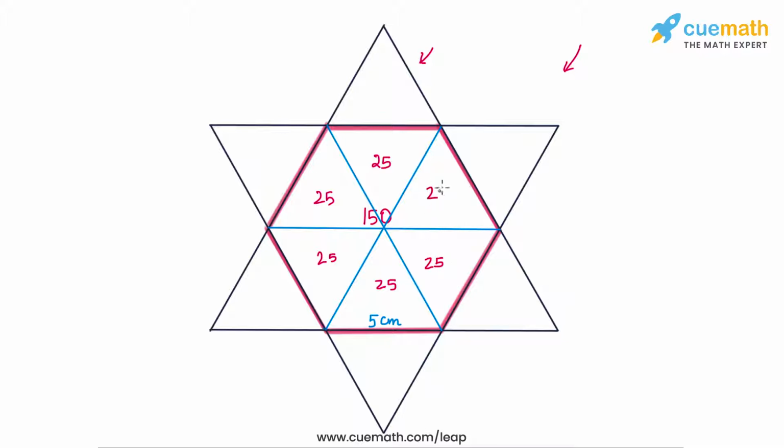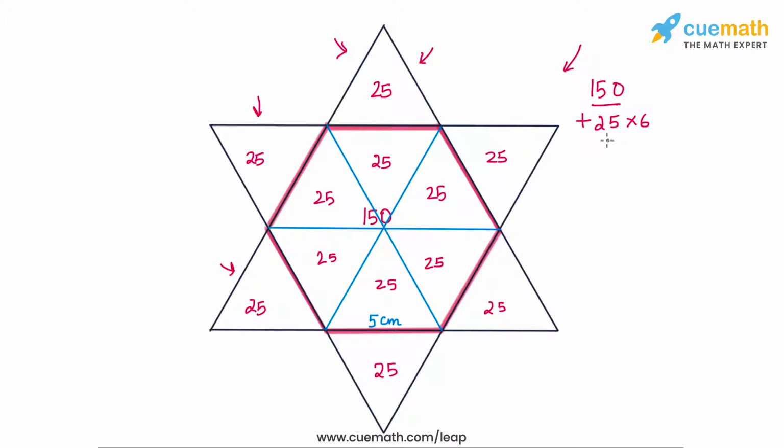Okay, so we have 150 on the inside, and then on each of the triangles drawn on the sides of the hexagon, each of these triangles is also an equilateral triangle of side 5 centimeter. So we can fit 25 equilateral triangles of side 1 centimeter into each of these triangles. So 150 in the inside hexagon, and plus another 25 into 6 for the triangles that are drawn on the sides of the hexagon.